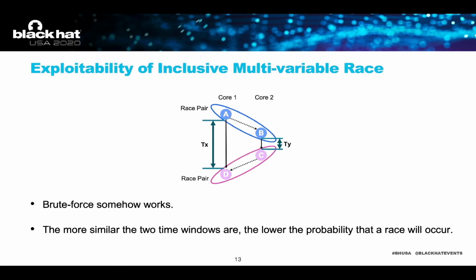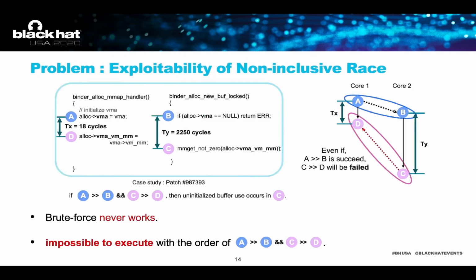However, like a single variable race condition, brute forcing will eventually manage to trigger the race condition because there is an odd no matter how thin it is. However, this is not the case in the non-inclusive race condition.